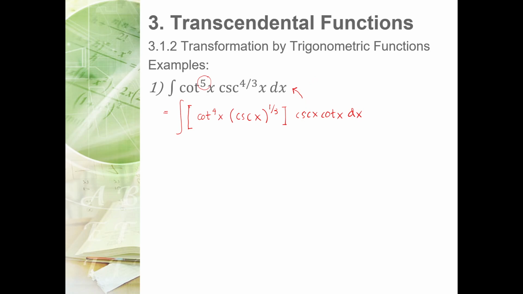Okay, so next we apply the formula, which is cotangent squared is equal to cosecant squared minus 1. So notice that this one is to the power of 4, so we have to make another expression for this one. So this can be replicated as cotangent squared x and then squared, right?